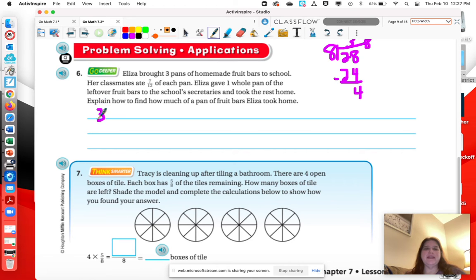So we're going to do 3 times 7/12. And I purposely wrote that up there so we can see how much they ate. So 3 times 7 is 21 over 12. And let's fix this by dividing. And 12 goes into 21 just one time.